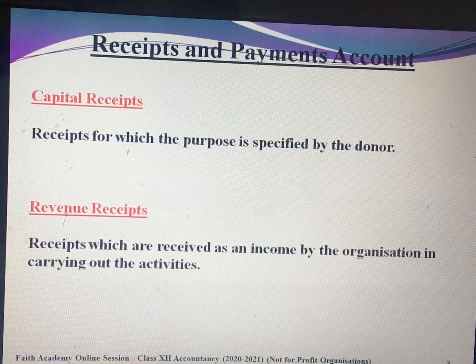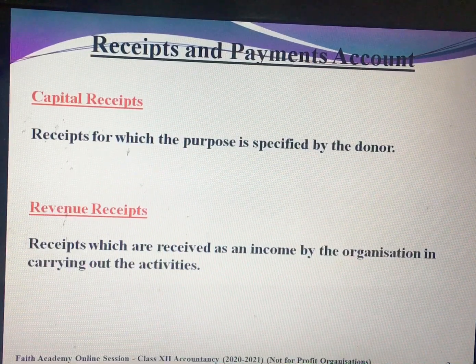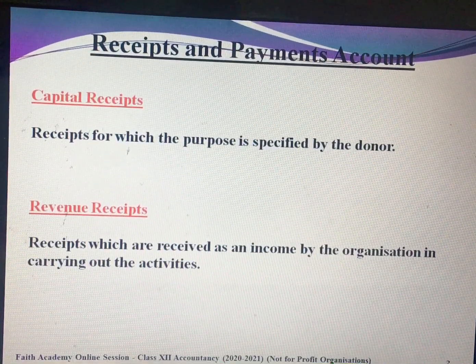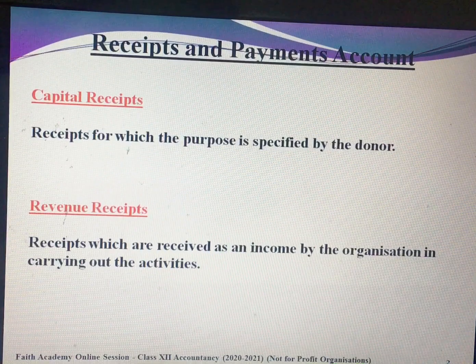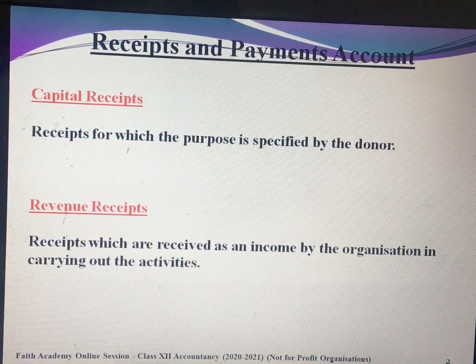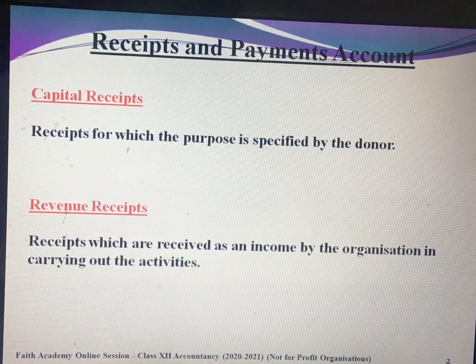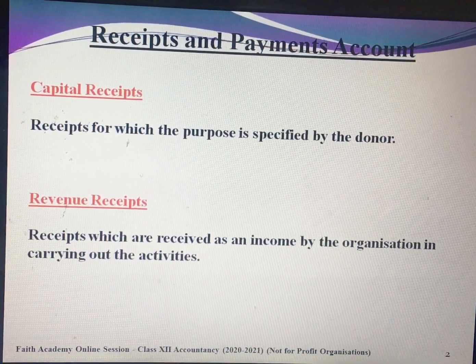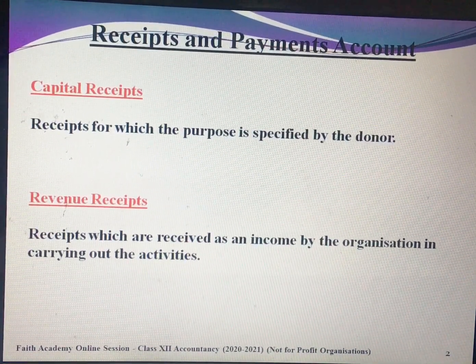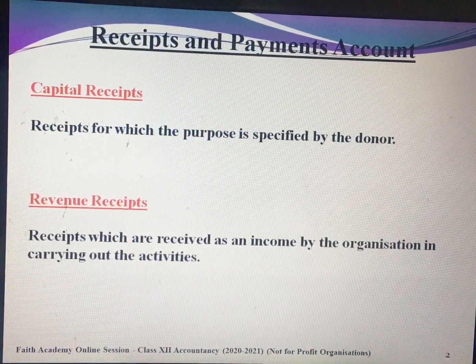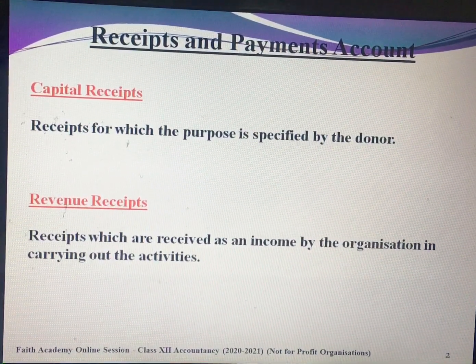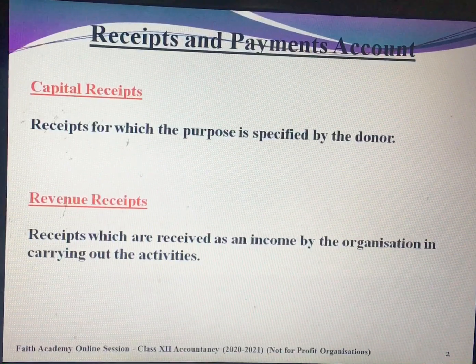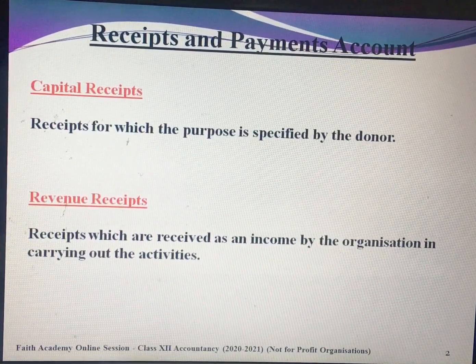So when the donor specifies that the amount he is donating is for a specific purpose, for example only for upliftment of women, you cannot use that amount for any other work. Such a case is an example of capital receipt.